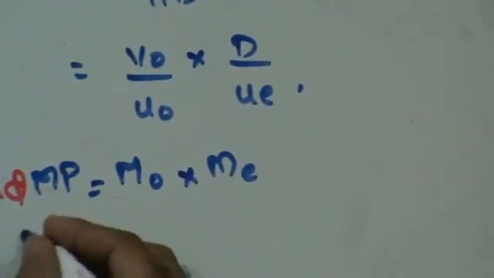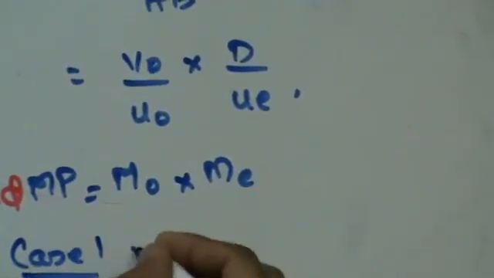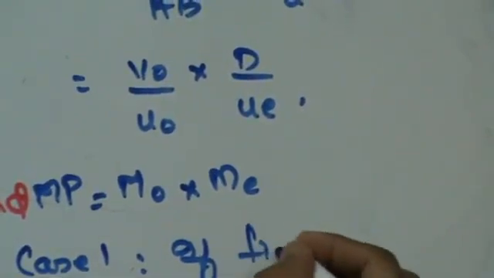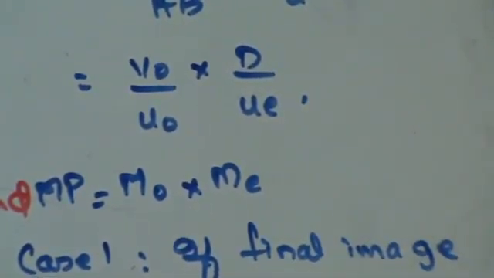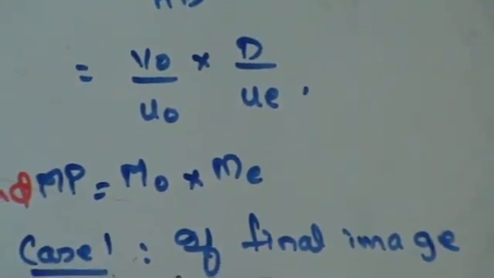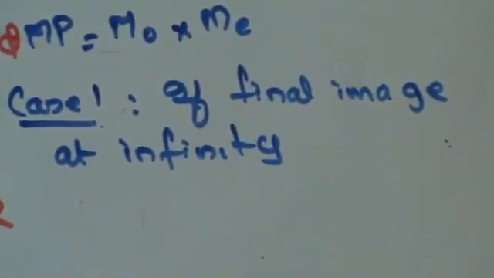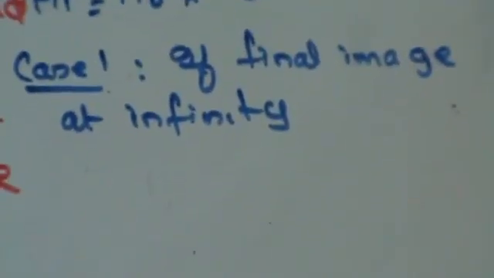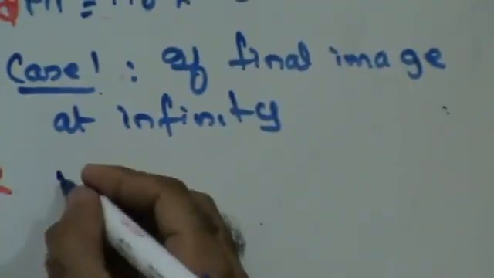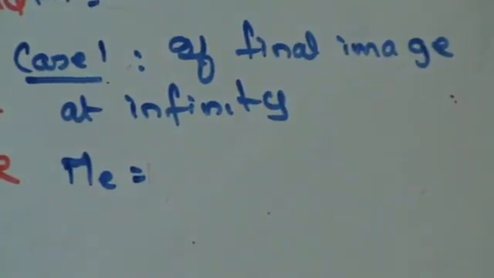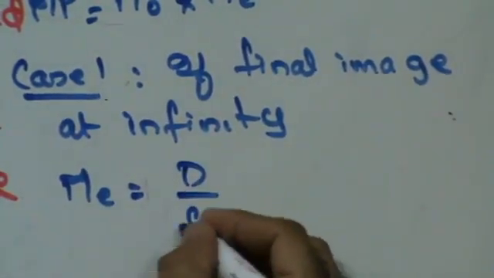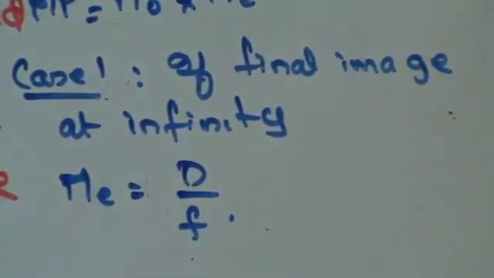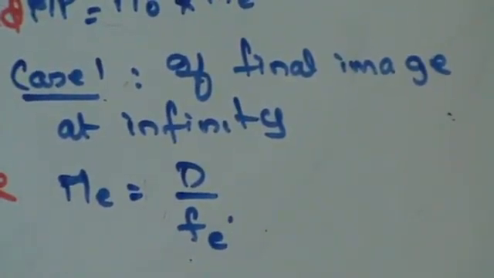Now, case 1. If the final image is formed at infinity, then magnifying power of the eyepiece, we have done this case in simple microscope, is nothing but D upon F, and since this is the eyepiece, therefore FE.